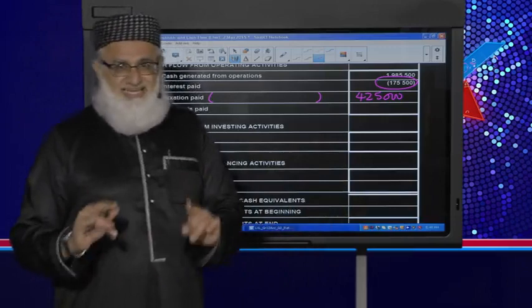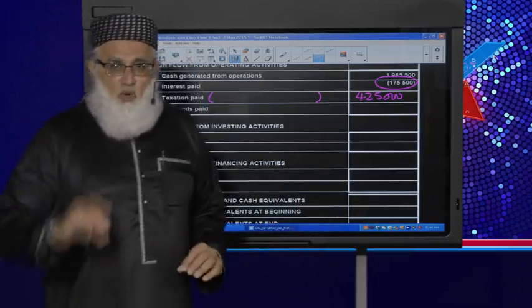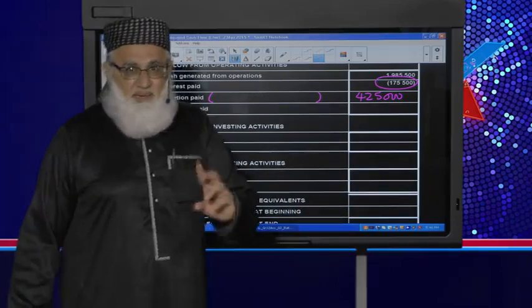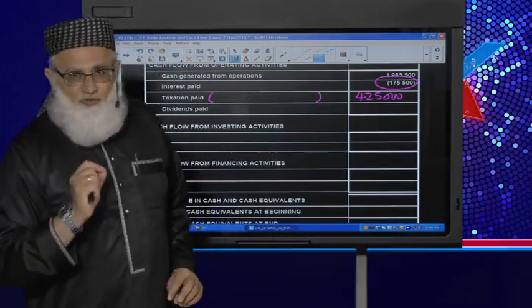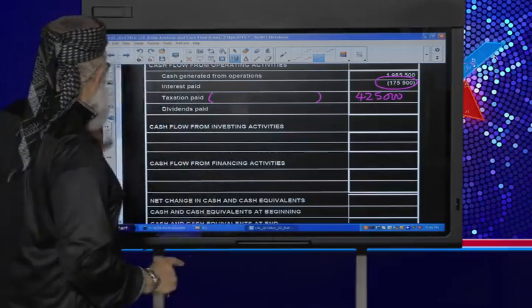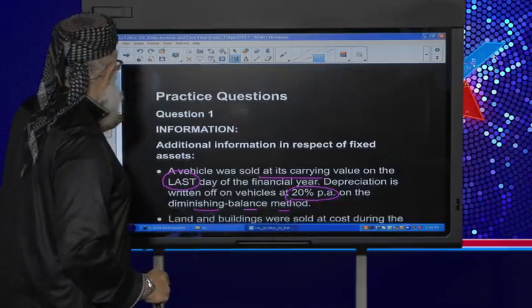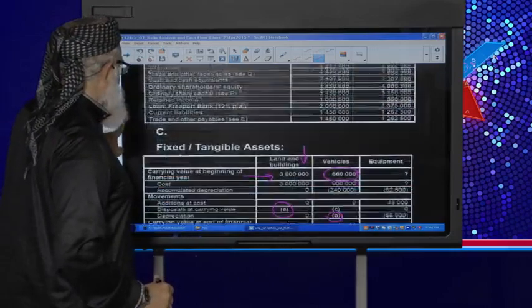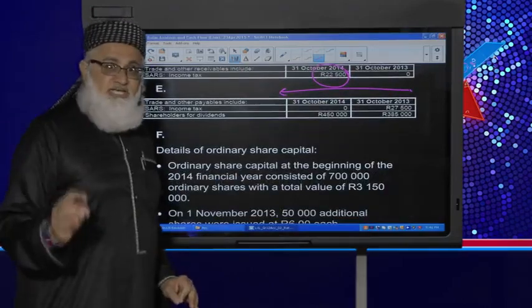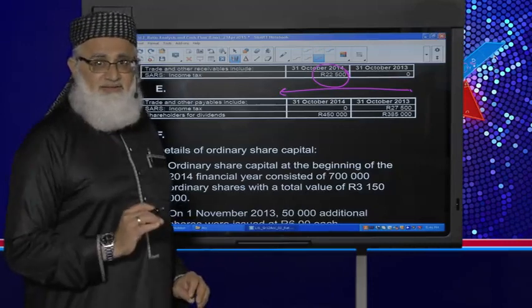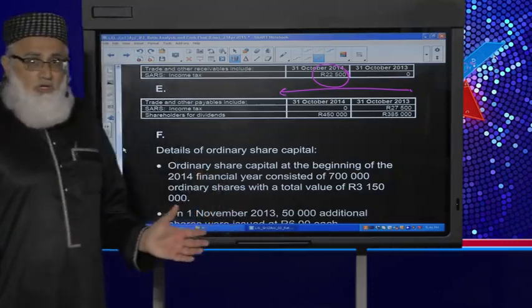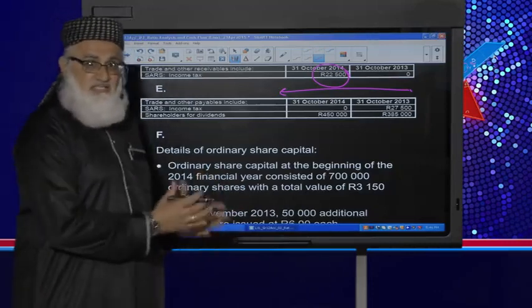But the shortcut, something to remember, when I'm calculating dividends paid, what do I look for? I look for last year's final. Now, where do I look? Obviously, I need to find it in a certain place.